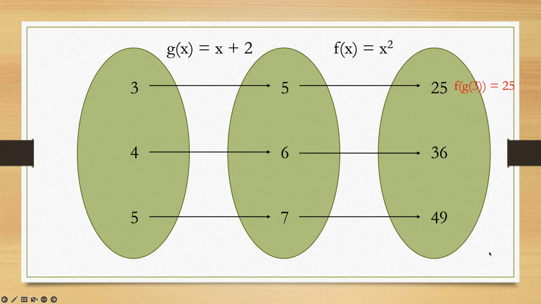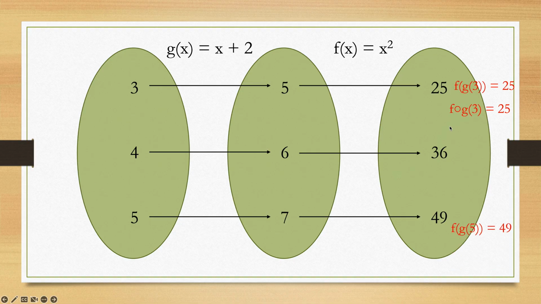I would write it in one of two ways. One way to write it is f of G of 3 is 25. The other way is f composed with G, but this is not an O in the middle there. That's a composition symbol. So that also means f of G of 3. They're both accepted notations that both stand for f of G of 3.